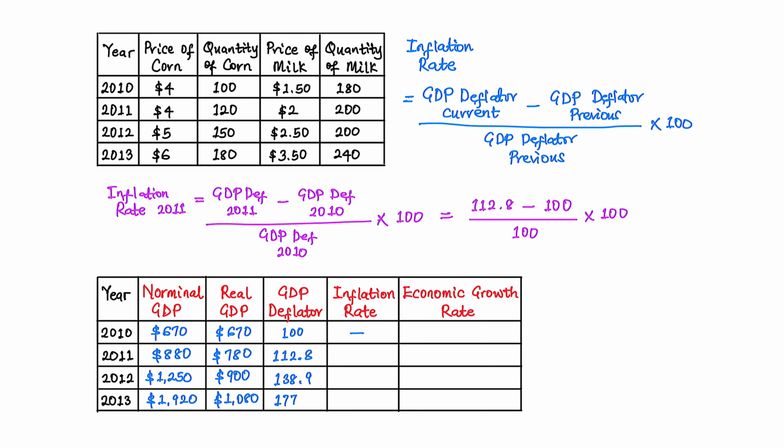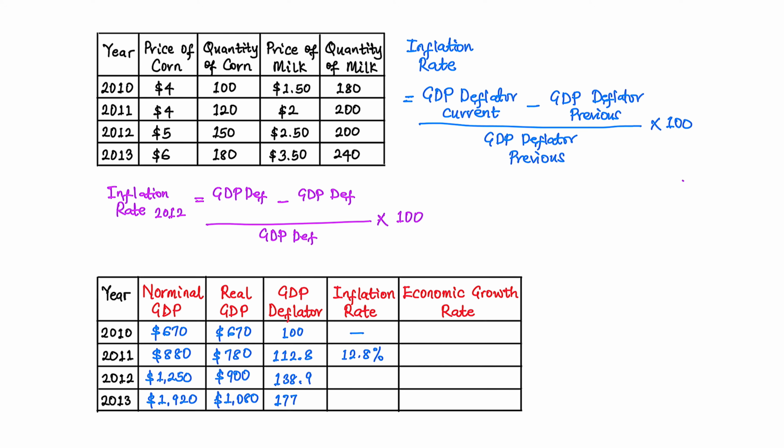Doing this calculation, we have 100 cancels 100. We are left with 112.8 minus 100. So the inflation rate in 2011 is 12.8. So inflation rate in 2011 is 12.8%.